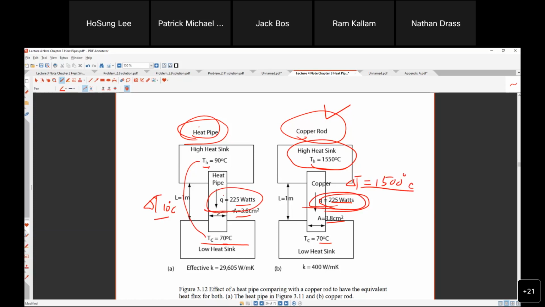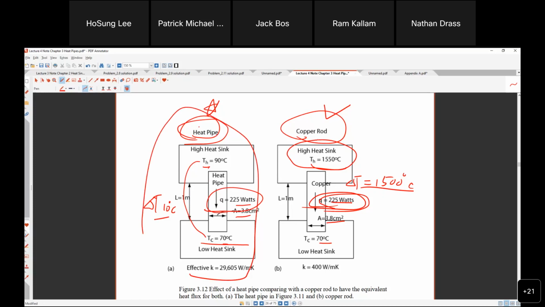That is one of the advantages of the heat pipe. I think it's a little hard, but you have to understand. We can achieve high heat flow with a low temperature difference with the heat pipe.